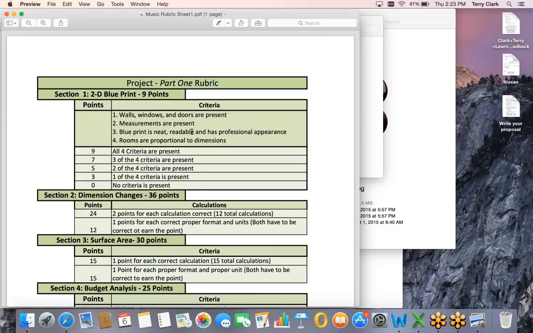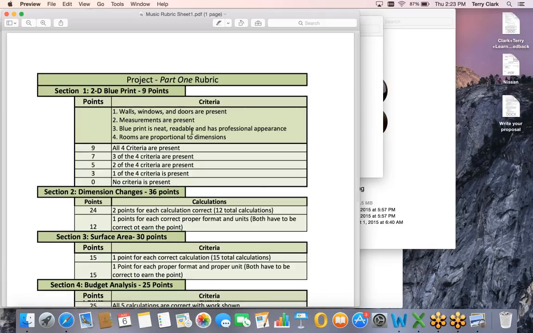Okay, and that'll be on the worksheet. So you'll go look at the worksheet, and then from there you'll change your dimensions. After the changing of the dimensions, you're going to go to section 3, and that's going to be surface area. With the surface area, that'll be another part of the worksheet that you'll need to complete.